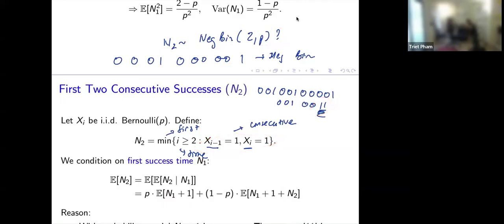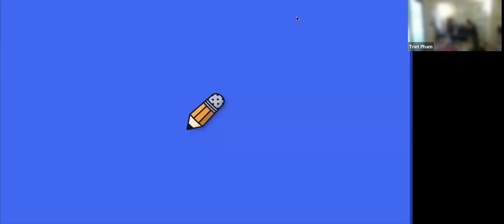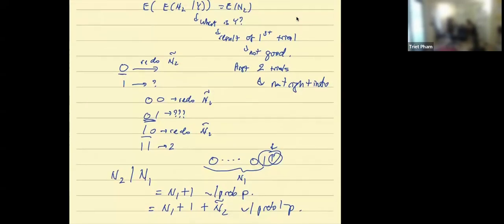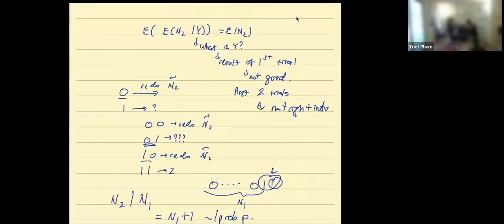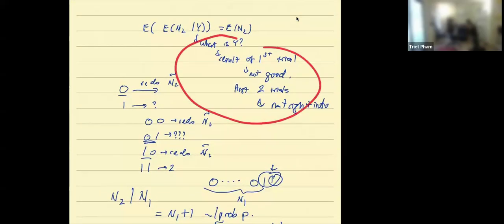To work on this, the right random variable to condition on is the time to first success. Here we just tell you what the right random variable to condition on is, but you should question that solution: why is it right?